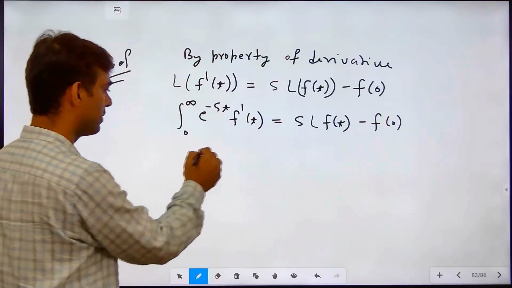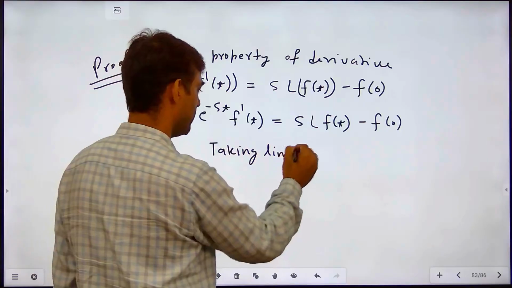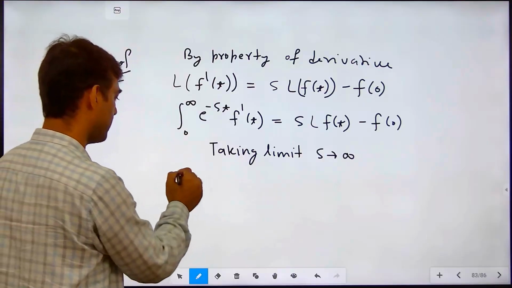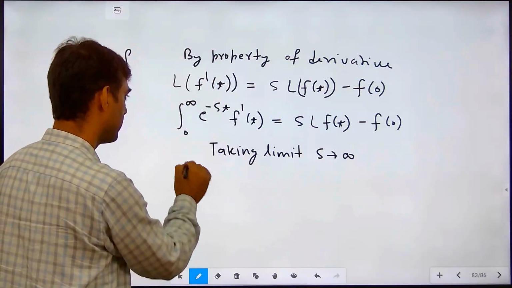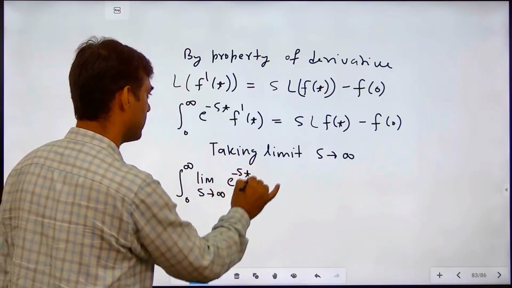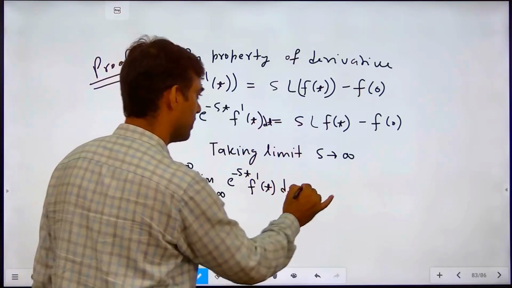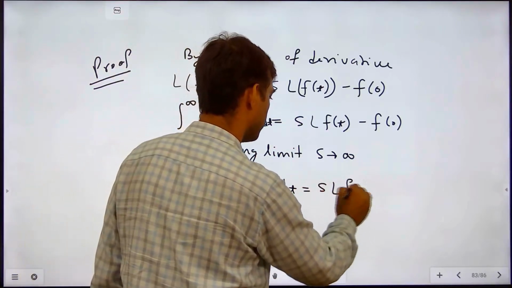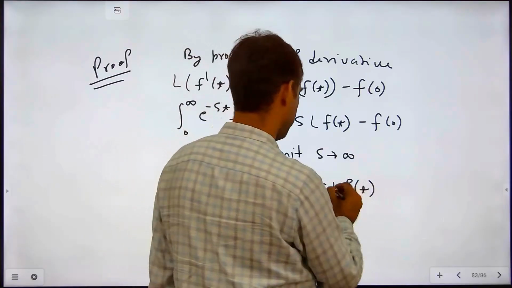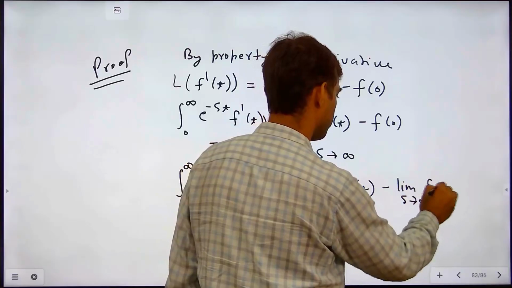Now, taking the limit s tends to infinity, the left hand side becomes the integral from 0 to infinity of limit s tends to infinity of e to the power minus st f dash t dt, which equals limit s tends to infinity of s times the Laplace transform of f(t) minus limit s tends to infinity of f(0).